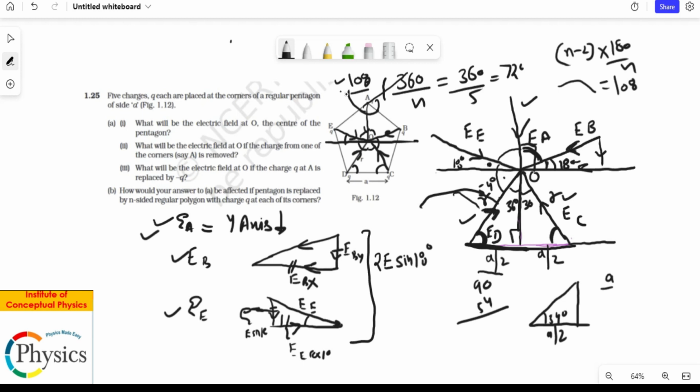So A by 2 upon hypotenuse is equal to sine of 54 degrees, and my hypotenuse comes out to be A by 2 sine of 54 degrees. Okay, and that's the way it comes out, right? So you can always find this distance also, which is being used to calculate the electric field. So I'm doing the analytical method.